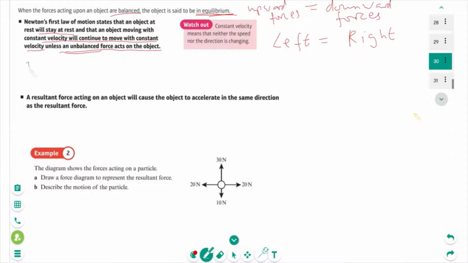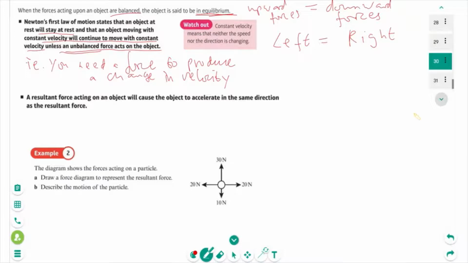In other words, you need a force to produce a change in velocity. If there's no force, then the object will continue to move at a constant velocity, or it will just remain stationary. Whenever there's a force, there will be an acceleration.